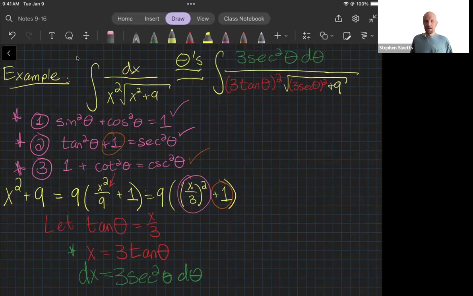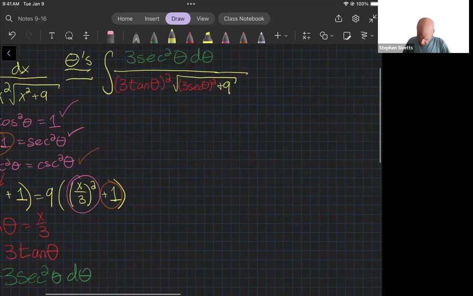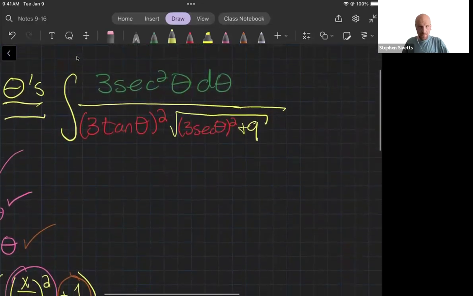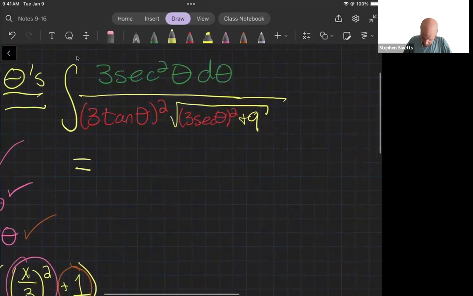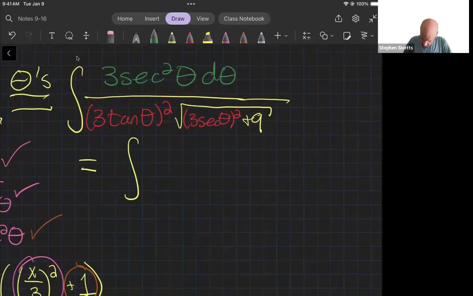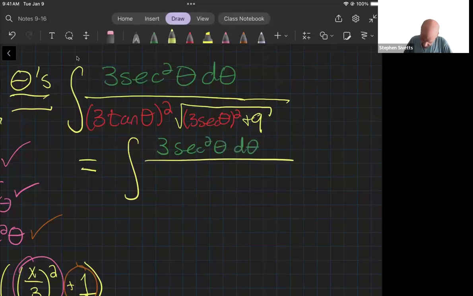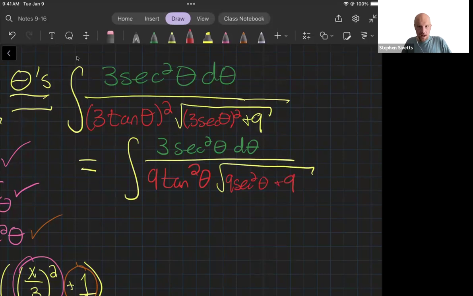And we can simplify this integral a little bit more. So this equals the integral of 3 times secant squared theta d theta over 9 times tangent squared theta times the square root of 9 times secant squared theta plus 9.